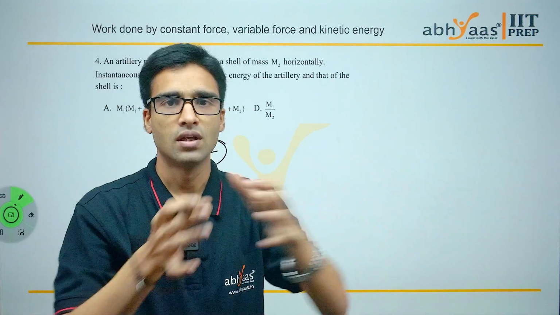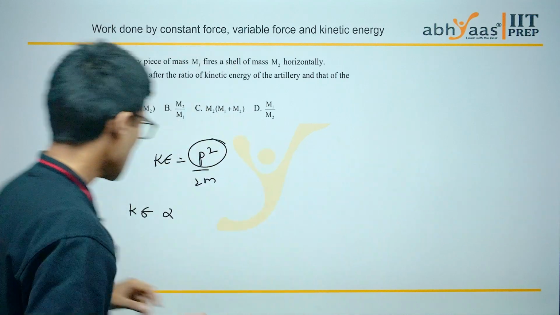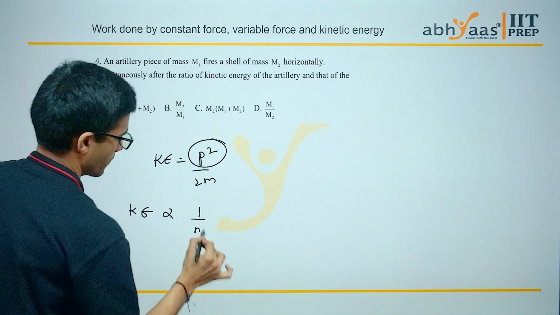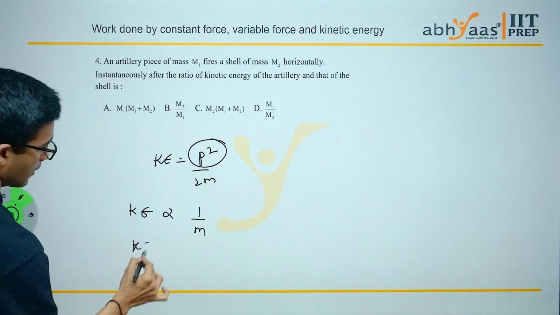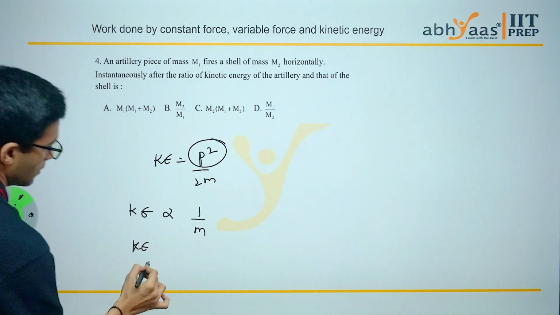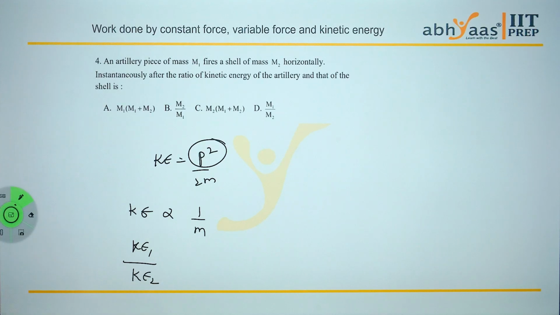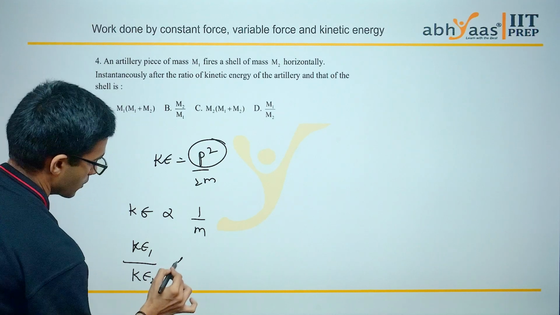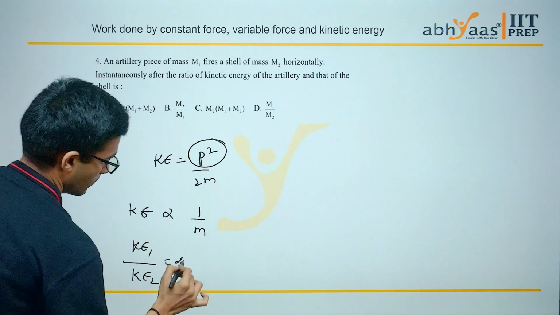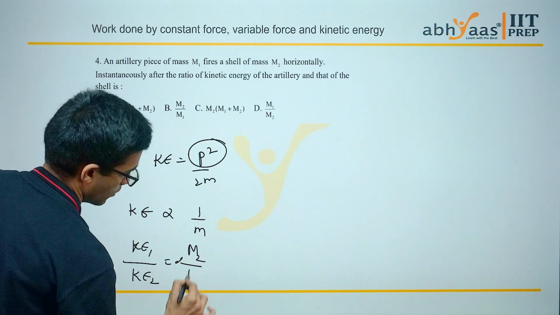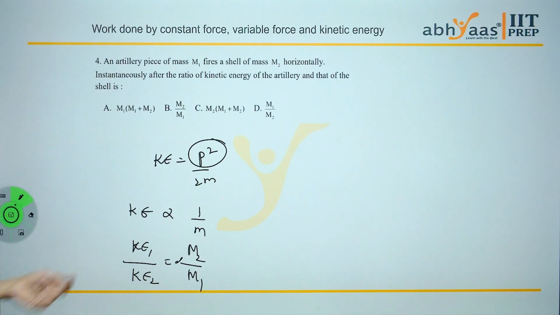This side the shell is going, and the artillery goes the other way. So KE is inversely proportional to m. KE of artillery, that is KE1 if you consider, and KE2 is the shell. That is proportional to 1 by m, which means KE1 by KE2 equals m2 by m1. So that is the answer.